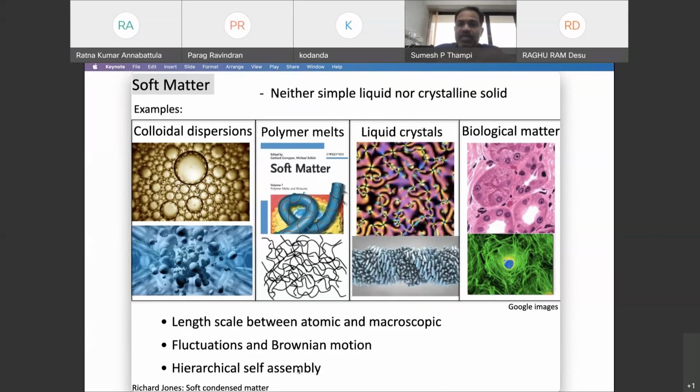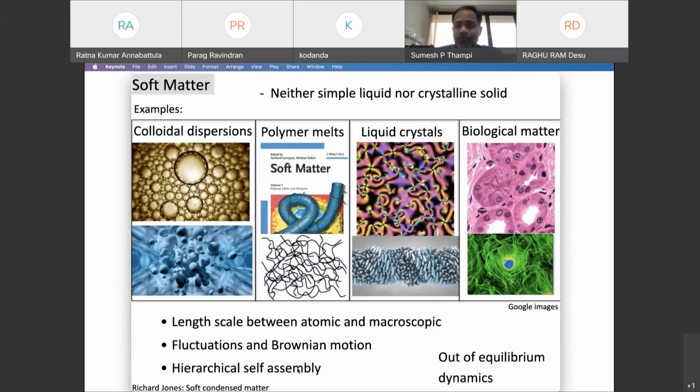So it's a very delicate balance, because these systems can be easily moved around with thermal energy, but when they self-assemble, they can actually reduce the total free energy in the system. So these are various aspects of soft matter.